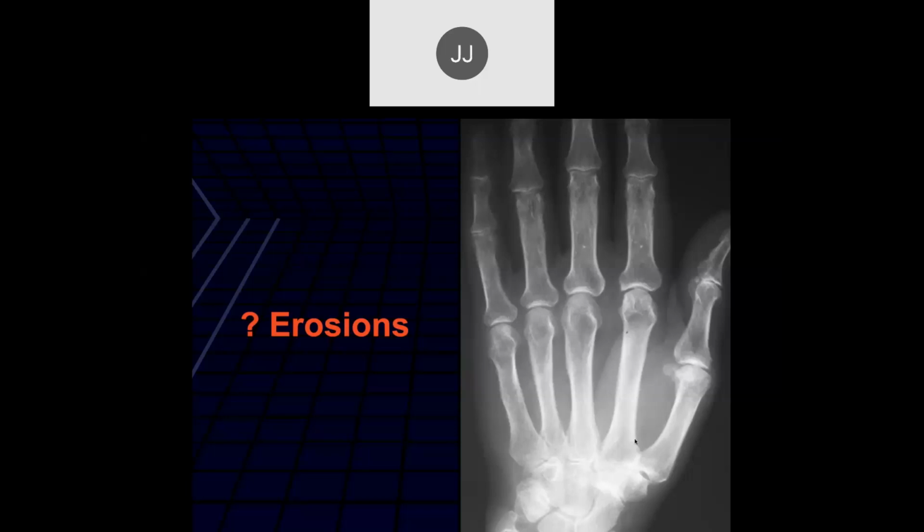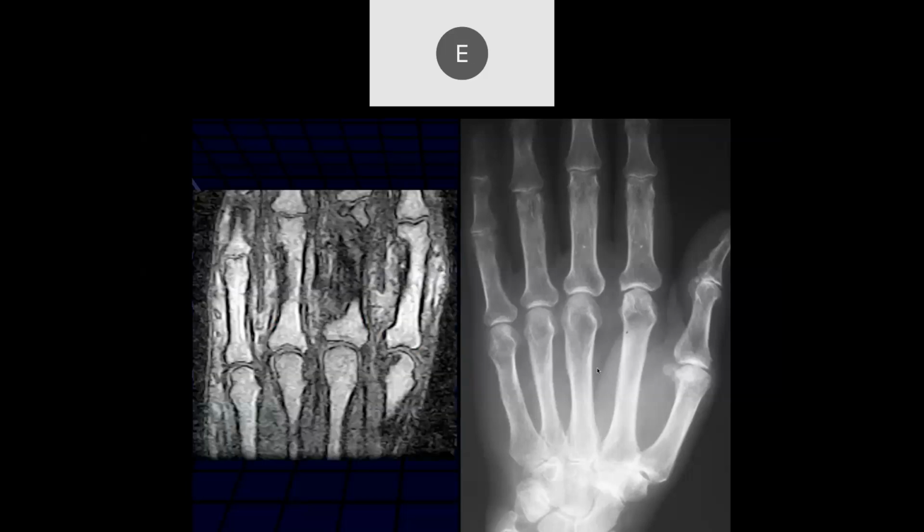Elior, what do you think of this case? Okay, so on this radiograph, question of erosions, I don't see anything that I would call erosions, but maybe here. Here's the MR exam. This is a low field gradient echo MR examination.